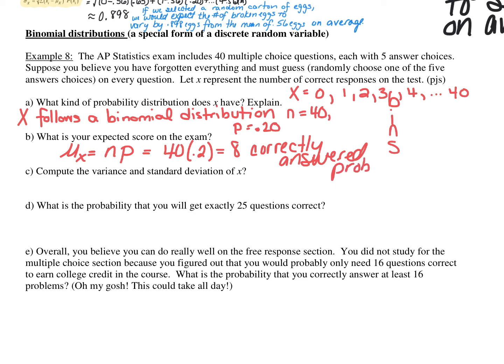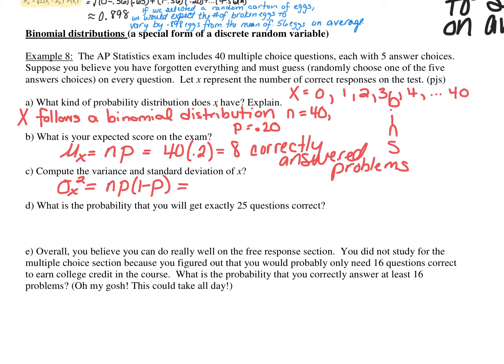All right, compute the variance and the standard deviation of x. So remember, variance is just the standard deviation squared. So let's do the variance first. From the formula sheet, it actually gives us the standard deviation. So if I square both sides, it would be np times 1 minus p. This would be my variance.